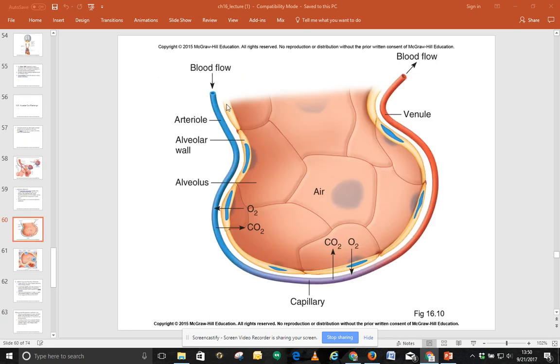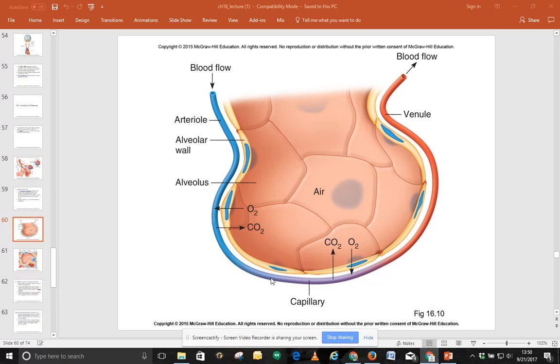And here we have deoxygenated blood coming into the alveoli. It's going to be CO2 rich. That CO2 is going to be dumped into the alveoli. Oxygen is going to be dumped in. And sometimes I consider this like a train car carrying little train cars. I don't know how else to say it. It comes in with a bunch of stuff it doesn't need, gets rid of it, and picks up the good stuff.